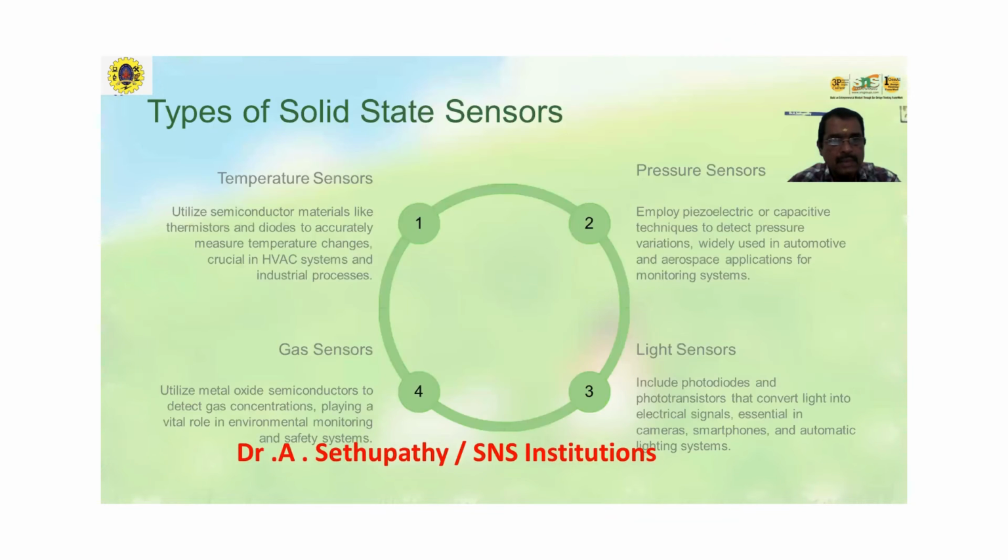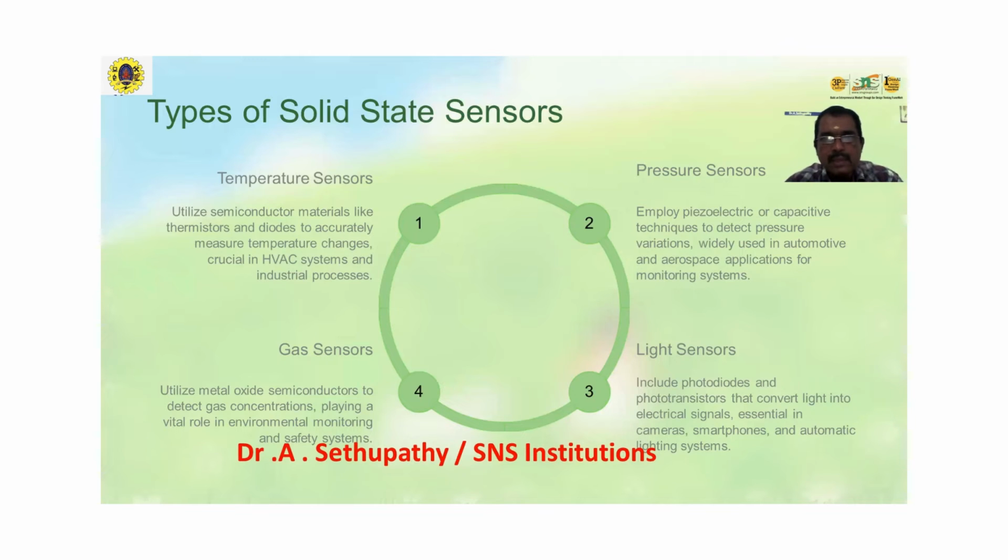So how does this solid state sensor work and where is it fixed? First one is temperature sensors. We use semiconductor materials like thermistors and diodes to accurately measure temperature changes.